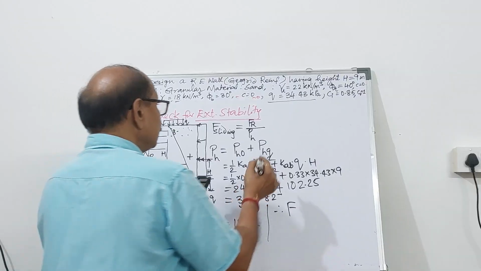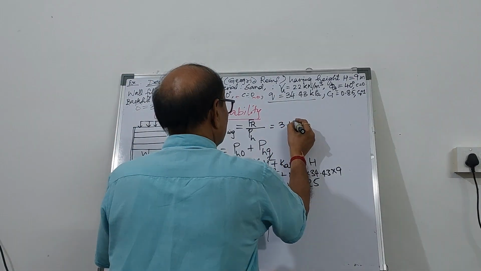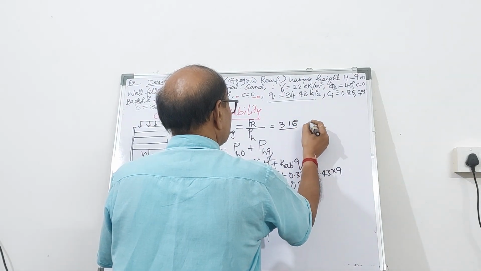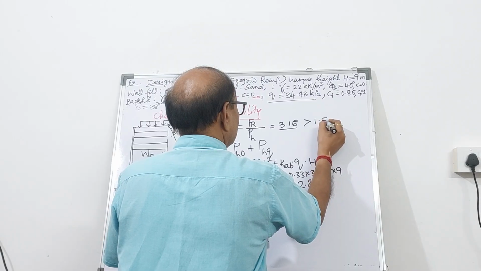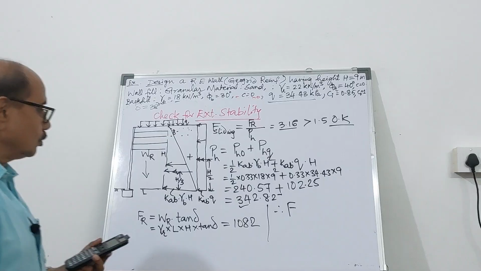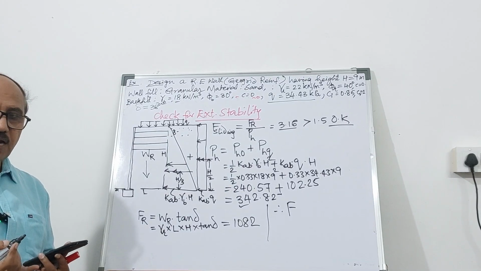So this is giving you 3.16 approximately, greater than 1.5. Okay. No problem. It is safe in sliding.